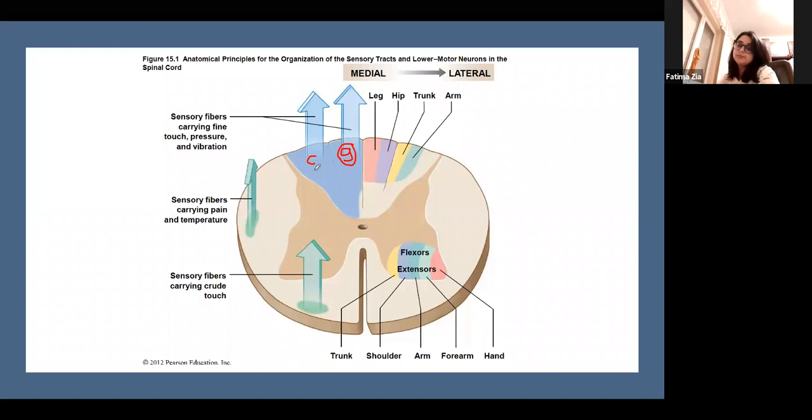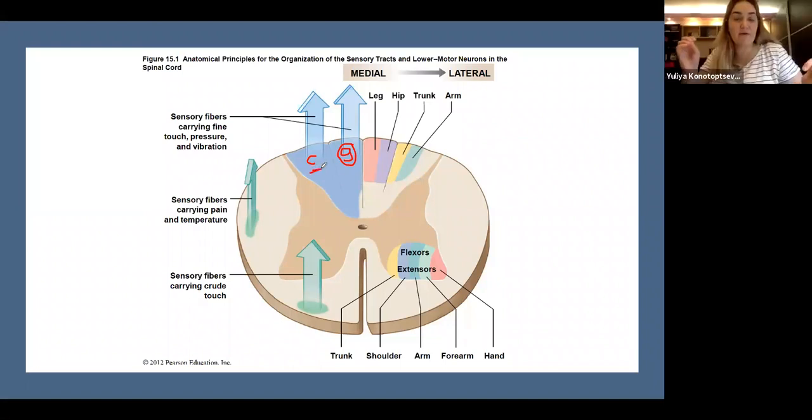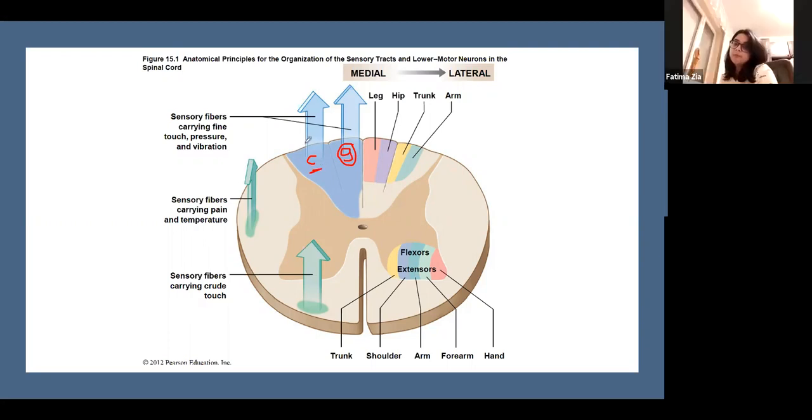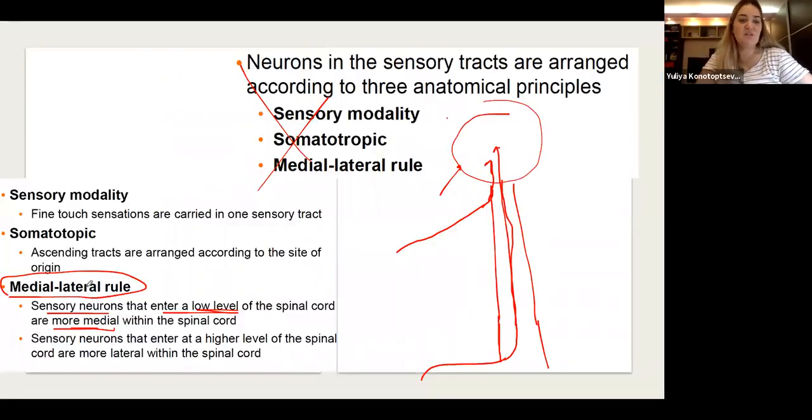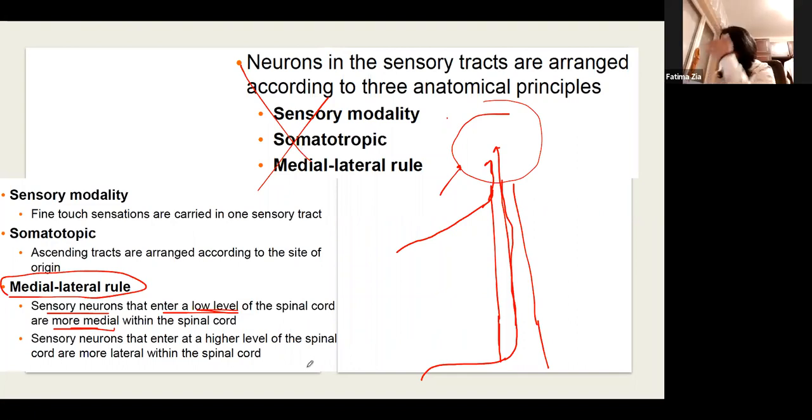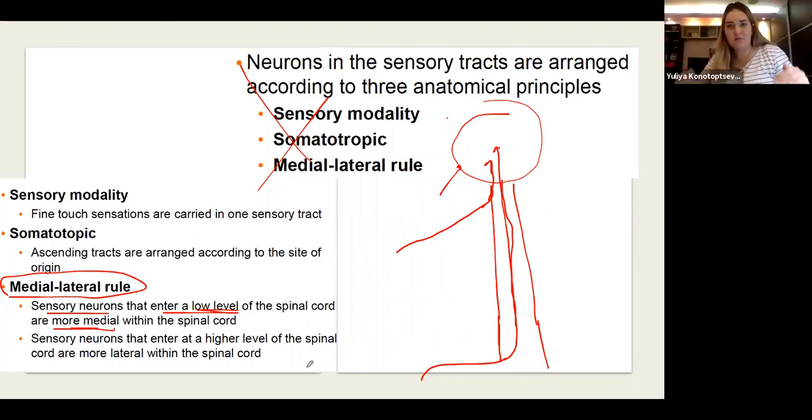Cuneatus, does it carry information from lower limbs or from upper limbs? Upper limb, because it is located laterally. So do you understand this medial lateral rule? The more lower you start at the spinal cord, the more medial you'll be in the spinal cord.